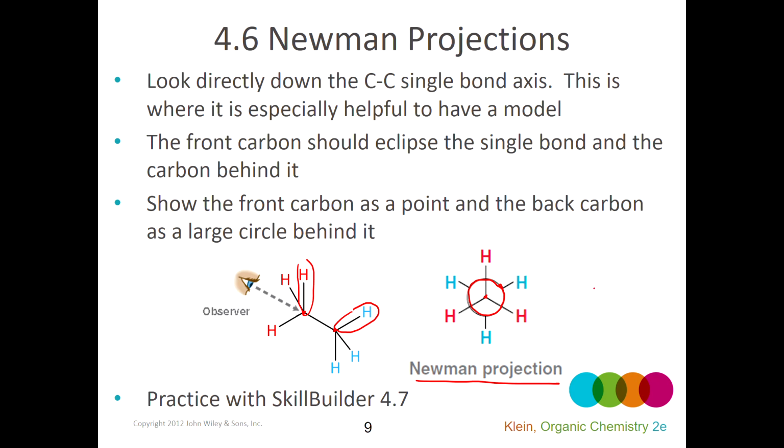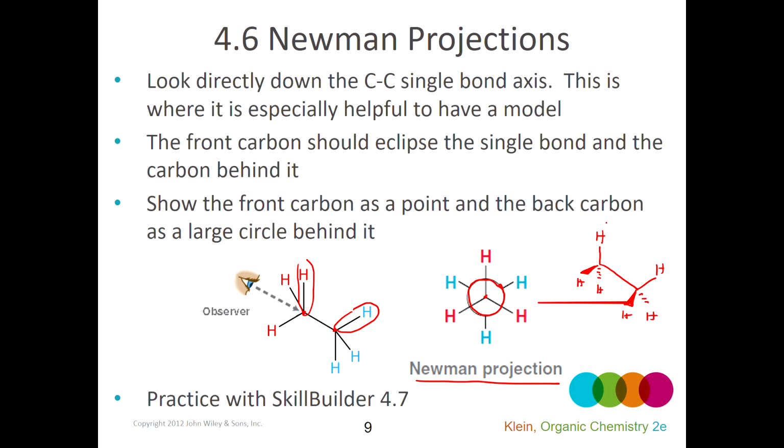Right, so if I draw that carbon-carbon bond like this, and I have my front hydrogen and back hydrogen in the same plane, they're both in the plane of the screen, and then I've got another hydrogen here pointing out at me and one pointing away, and then over here one pointing out at me and one pointing away.